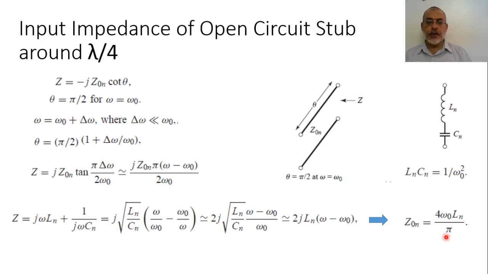So the relation between the characteristic impedance of stub number n, Z naught n, and the corresponding equivalent inductance Ln is that Z naught n equals 4 omega naught Ln over pi.